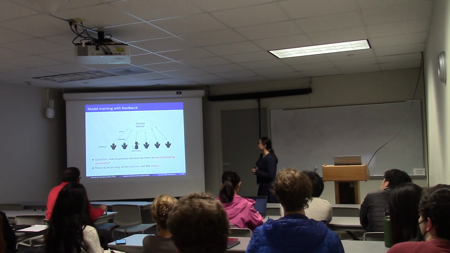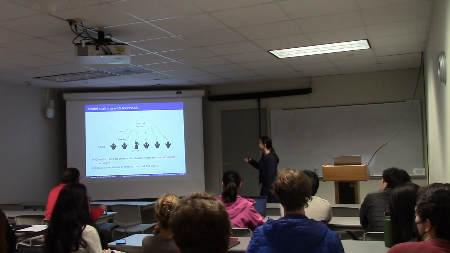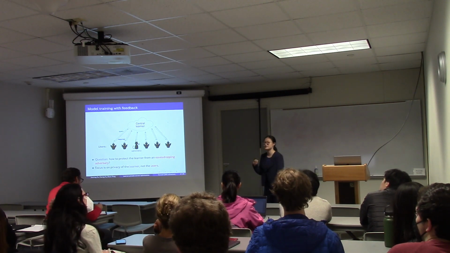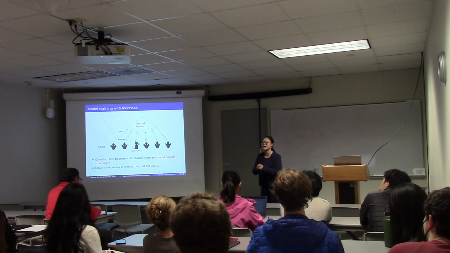Another motivating example is a pricing example, where a central learner could be a company that's trying to launch a product and is conducting market surveys with users to decide the optimal price to launch this product at.